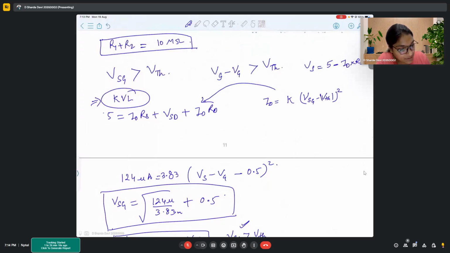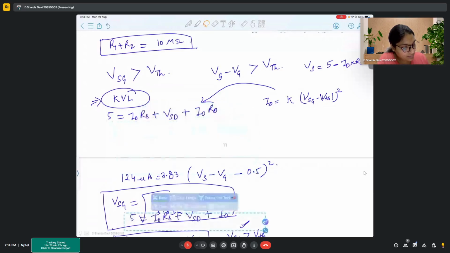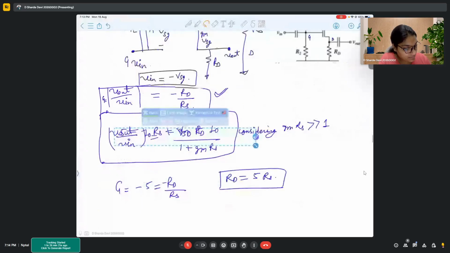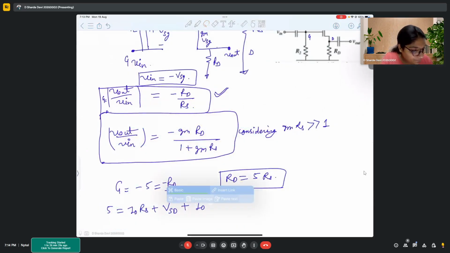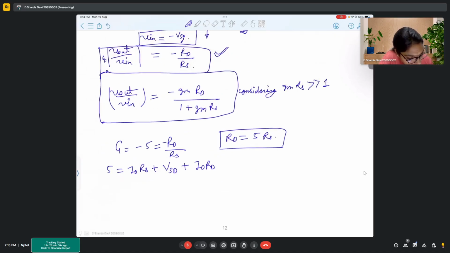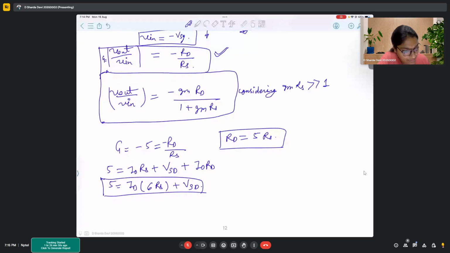So this expression can be further simplified to 5 equal to ID (RD plus... maybe we can write it like 6 RS) plus VSD.